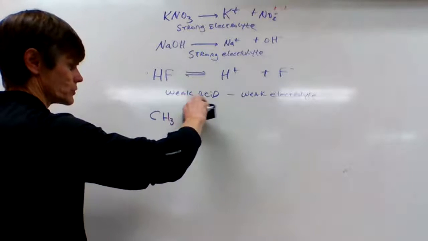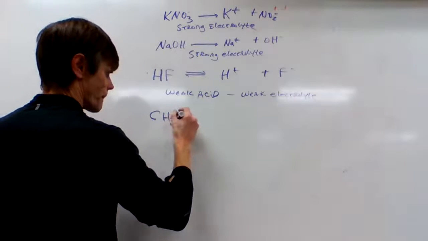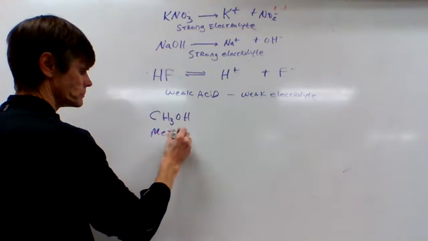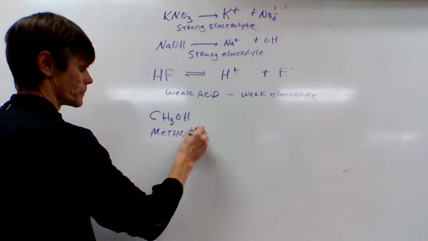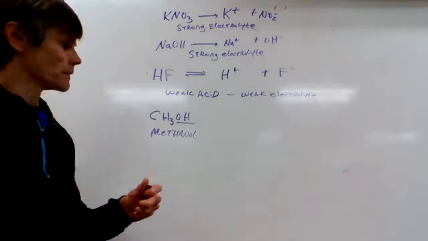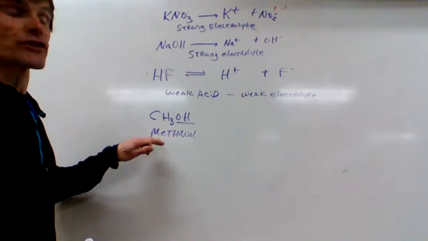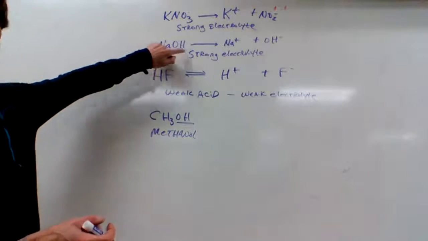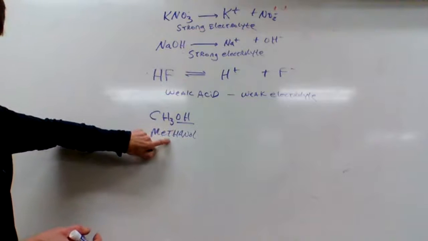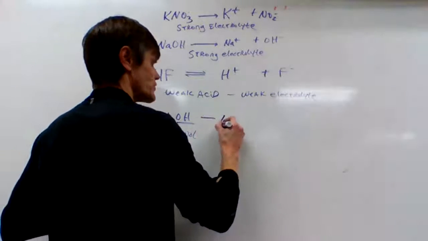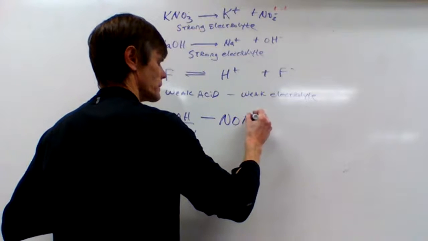CH3, that's just OH. This is methanol. It has a hydroxide, but that's not a metal hydroxide. This is an alcohol. It's an organic compound with an OH group on it, not a metal with an OH. It's a molecular compound, and it's a non-electrolyte.